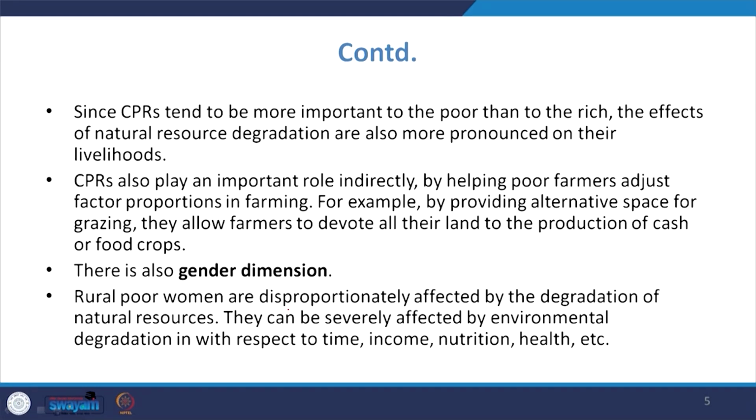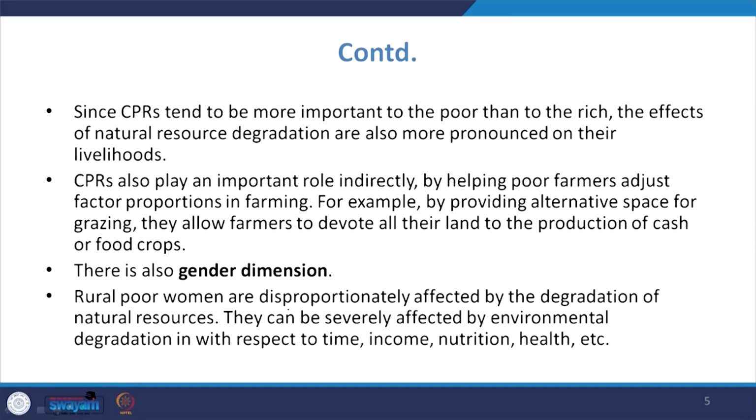But there is also a gender dimensions related to these opportunities. As we know that when environmental degradation occurs in any regions, most sufferers are the poor women, and they are affected due to environmental degradation because they get water, food, wood from the forest.